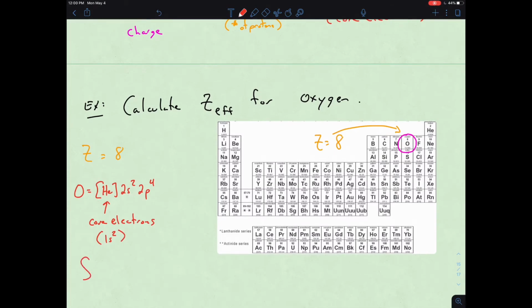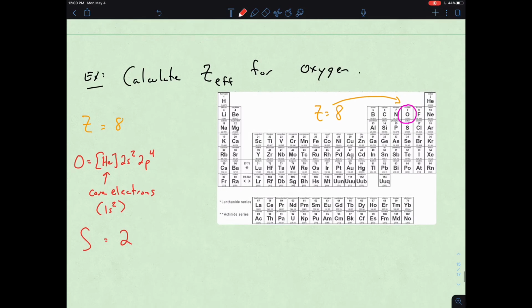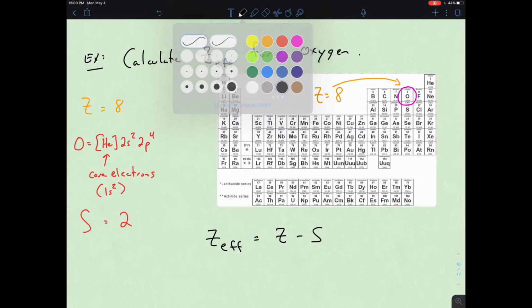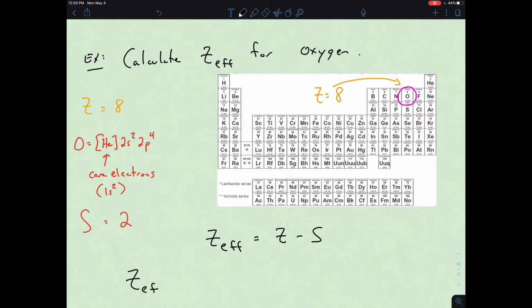So S here is equal to 2 as far as our shielding electrons. And we're just solving for Z effective by plugging in those two values. So our Z effective would be equal to our atomic number, which is 8, minus our shielding electrons, which is 2, which gives us a value of plus 6 for the Z effective.